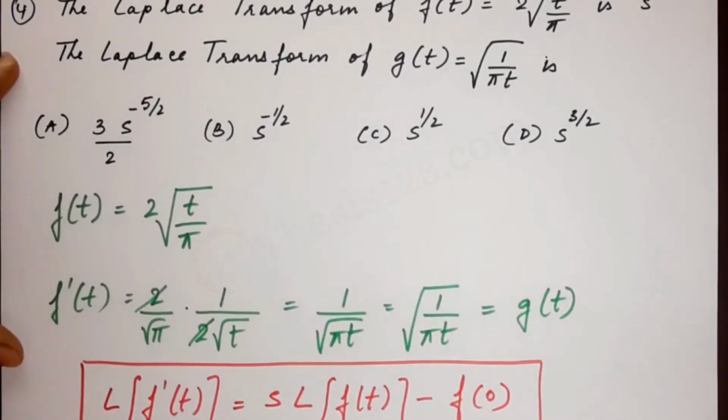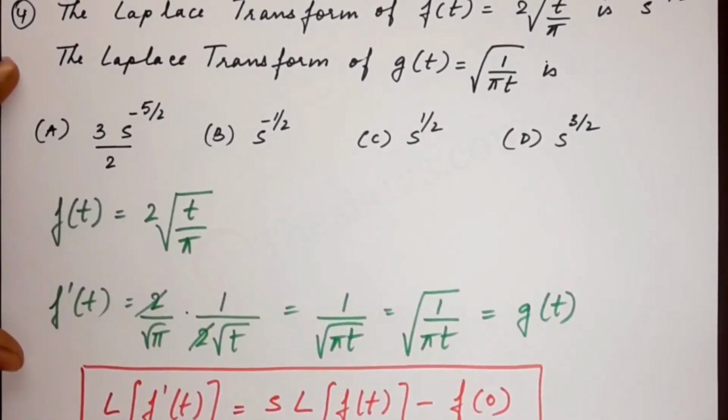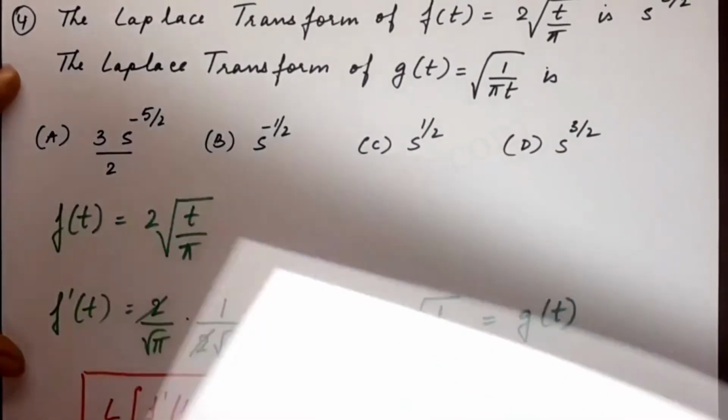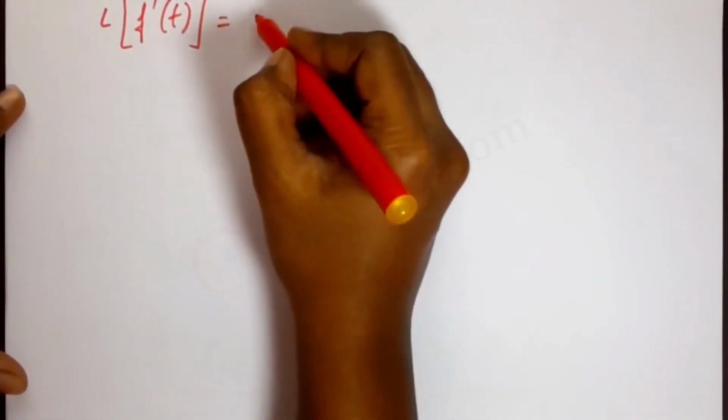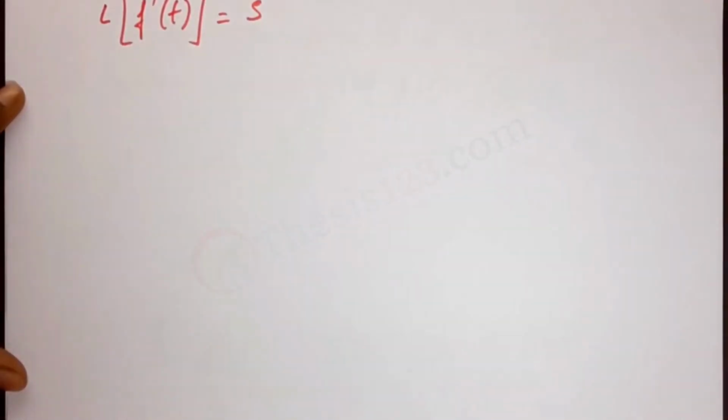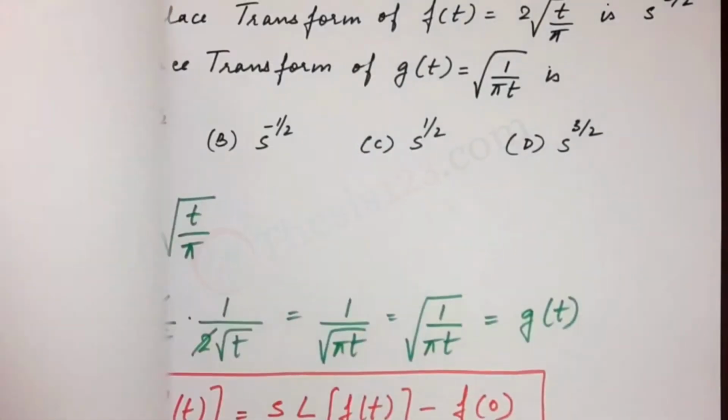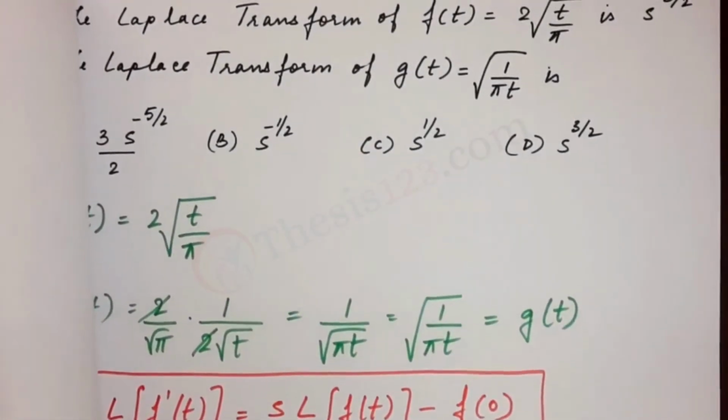Now let's see how we can substitute the values and work it out. So the Laplace transform of g of t is the Laplace transform of f dash of t. So the first thing is s into, the formula says, Laplace of f of t.